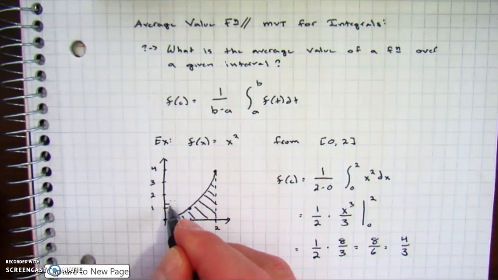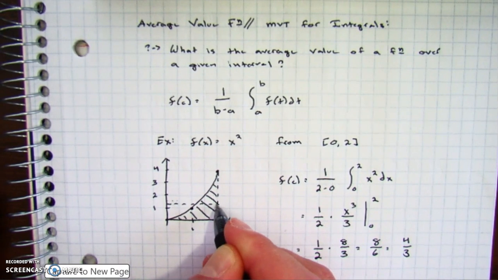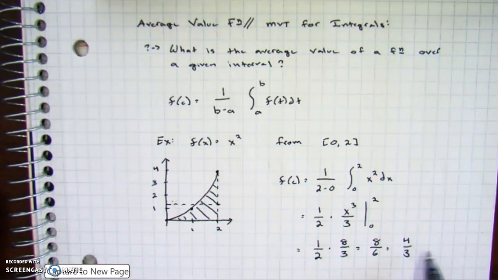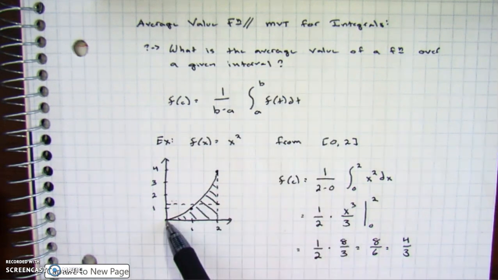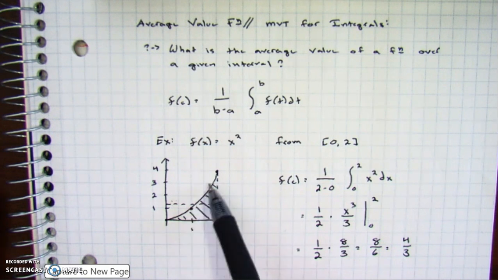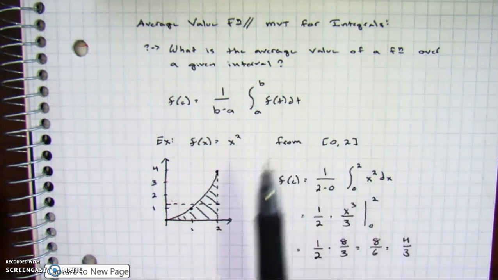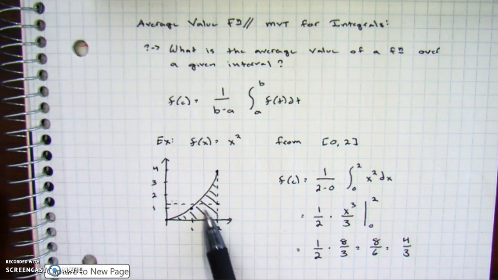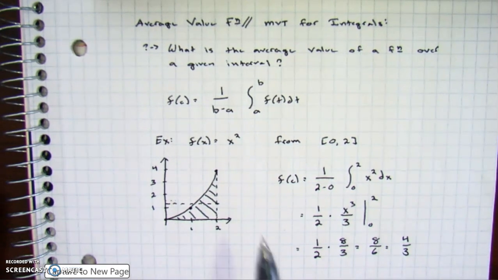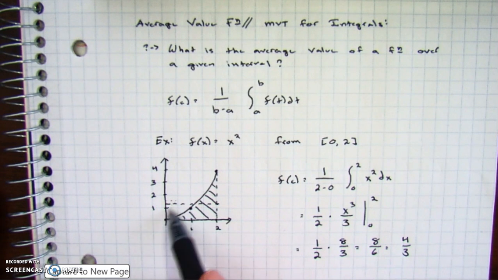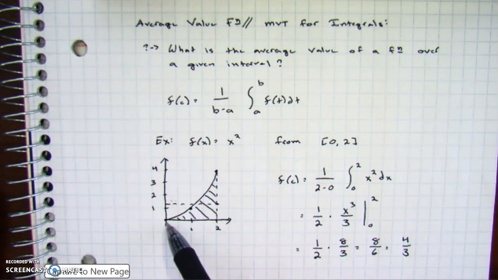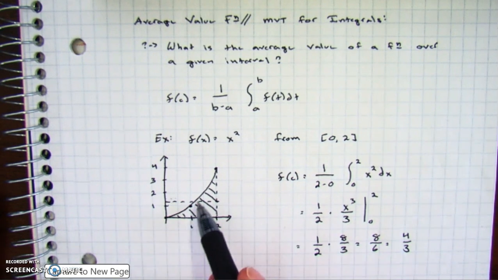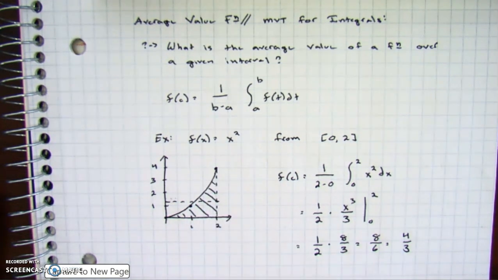If I take a line right here, this line at 4/3 represents the average value of the function from here to there. Consequently, the area of this shaded region is going to equal the exact same area as this shaded rectangle. That's what it means when you have a rectangle drawn with the same width: it will have the same area as the area under the function.